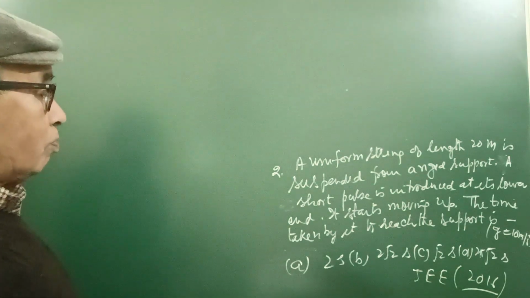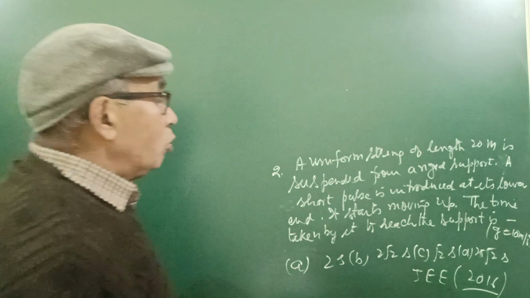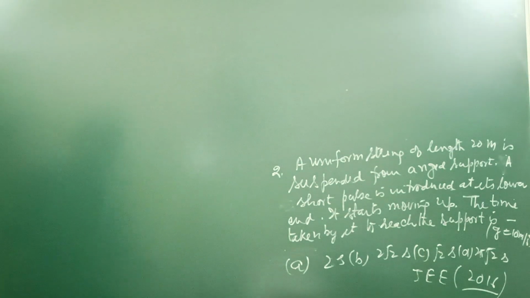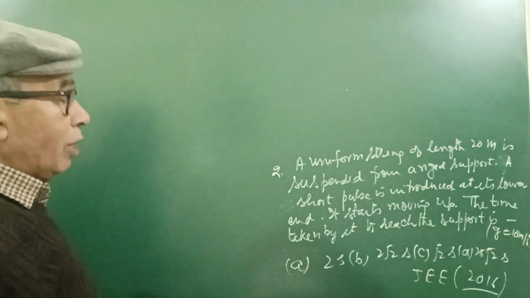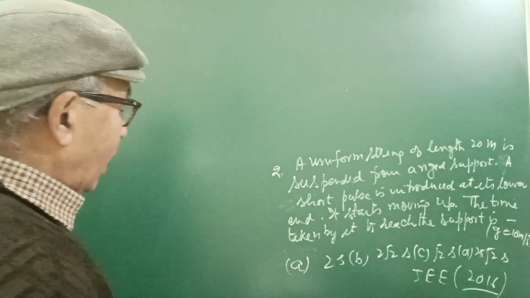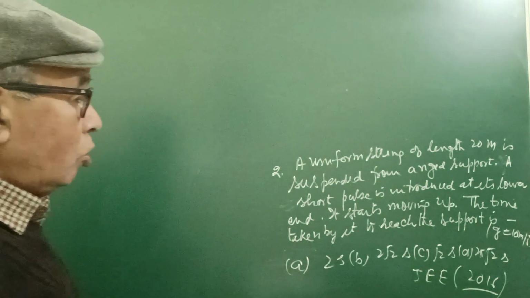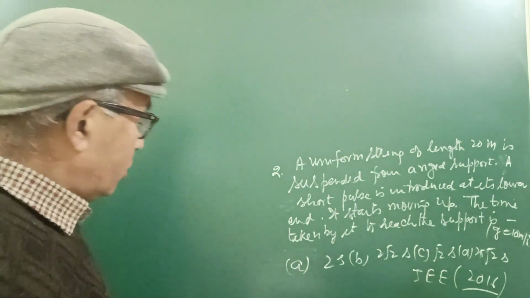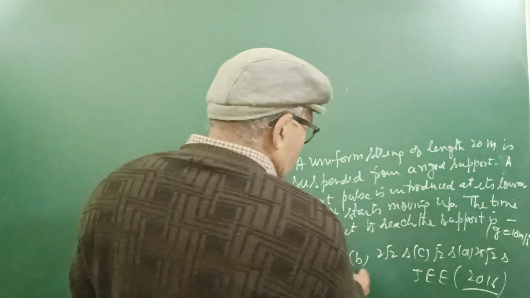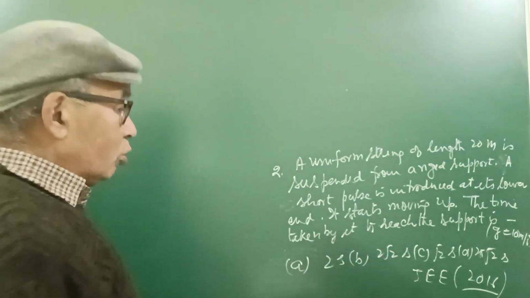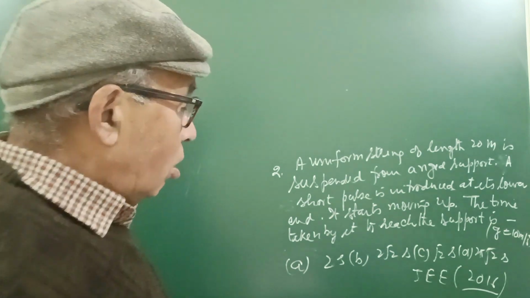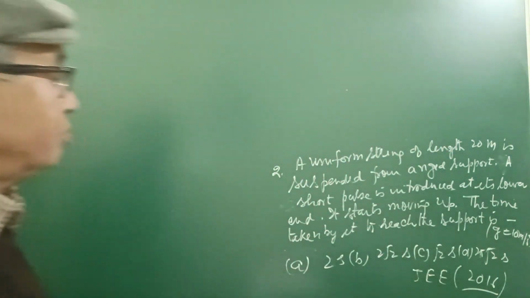A short pulse is introduced at its lower end. It starts moving up. The time taken by it to reach support is 2 seconds, 2 root 2 seconds, root 2 seconds, or 2 pi root 2 seconds.